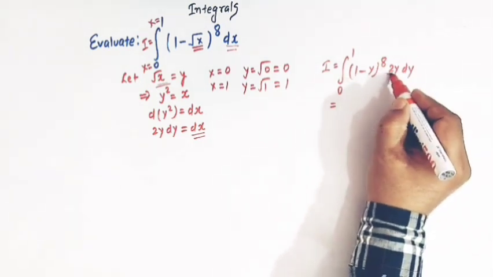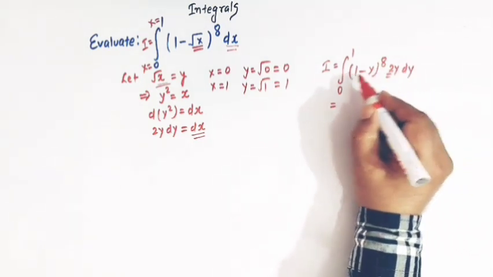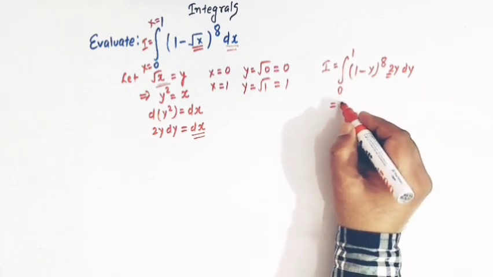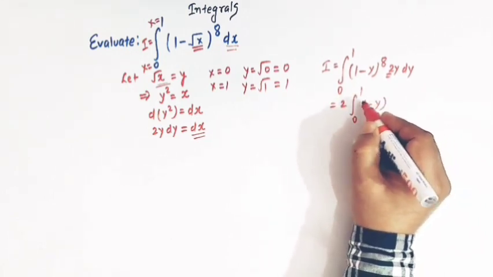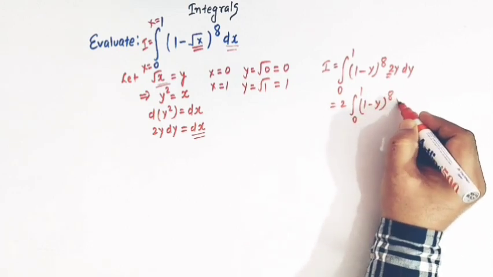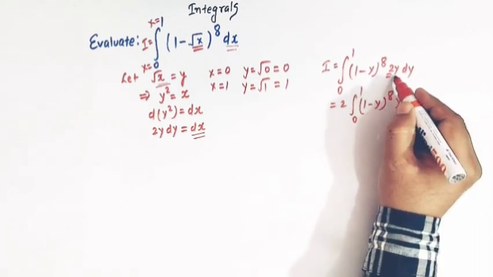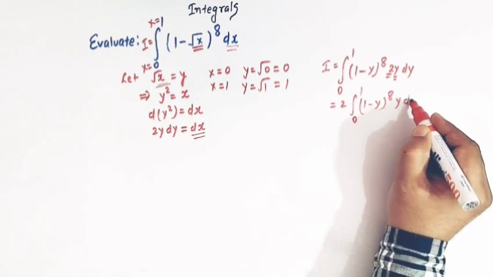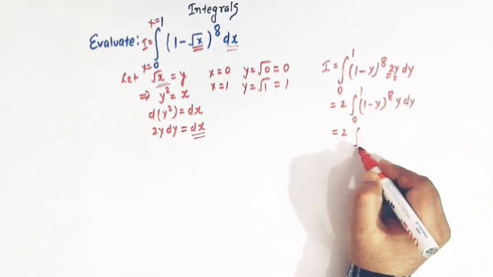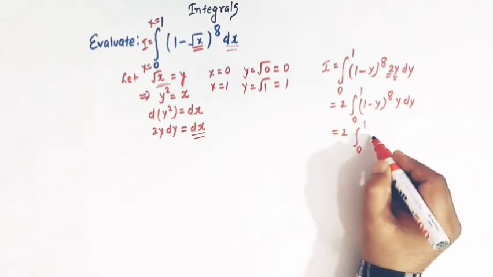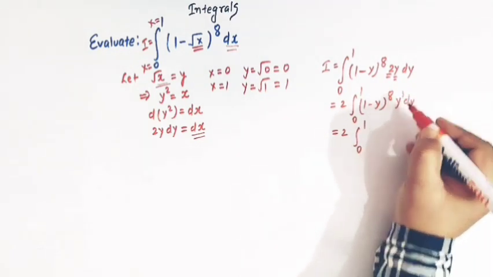Okay, so now this 2 can be taken outside the integral. So we have 2 times integral from 0 to 1 of (1 minus y) raised to 8, and we are left with only y, right? So now we can express this integral as 0 to 1, and here we have y raised to 1.